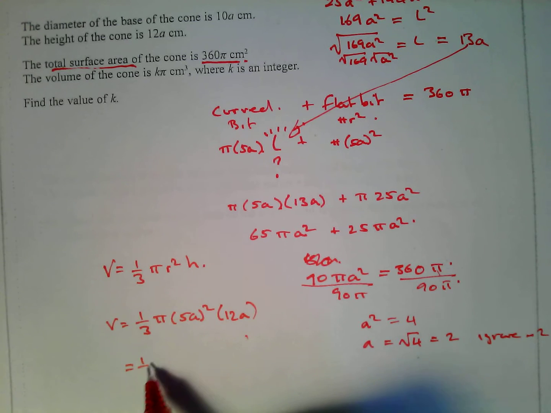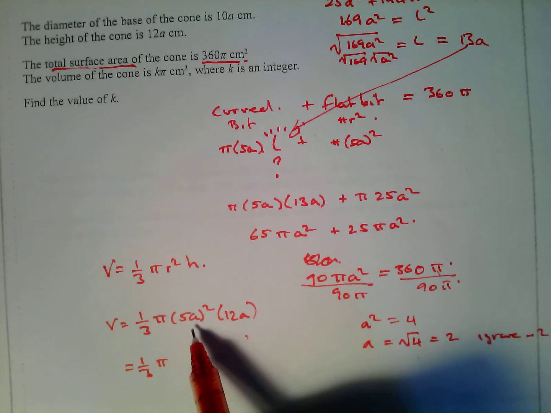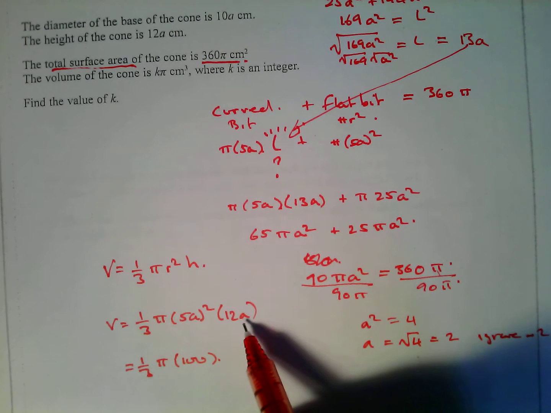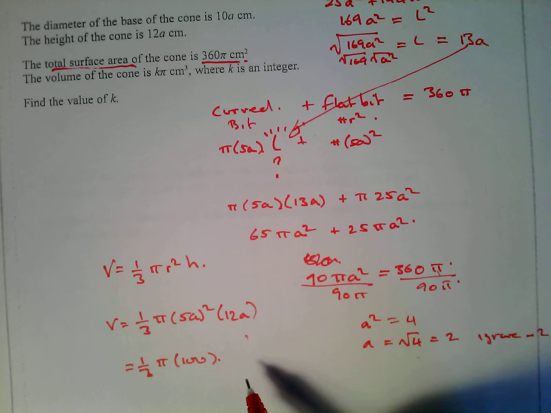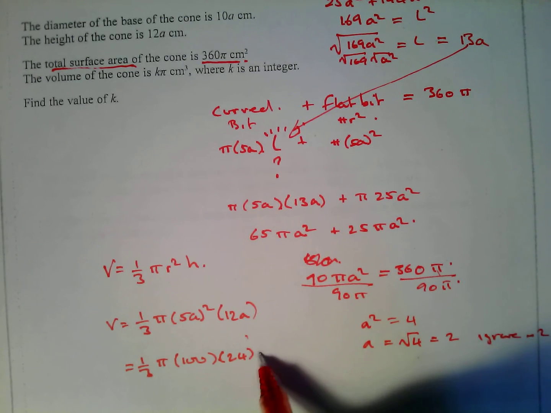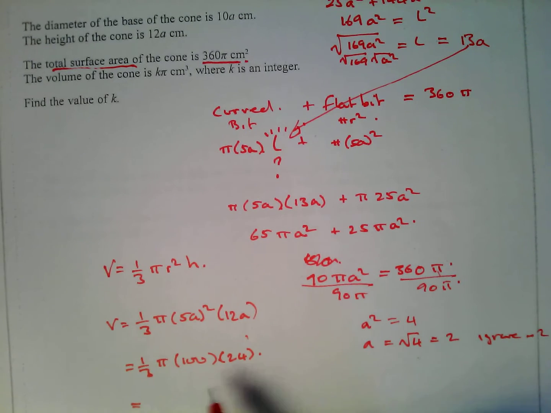That makes a the square root of 4, which is just 2 in this case, because we're dealing with lengths, and having a negative length makes no sense. So ignore negative 2.